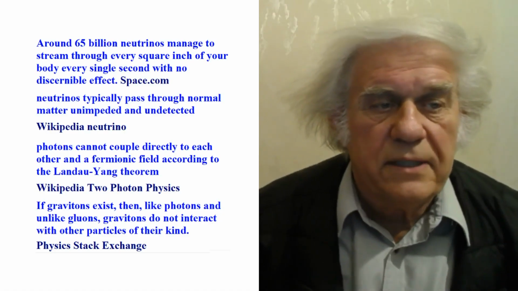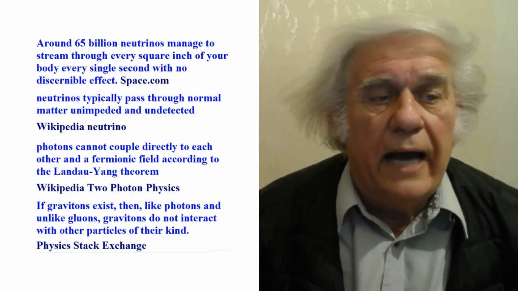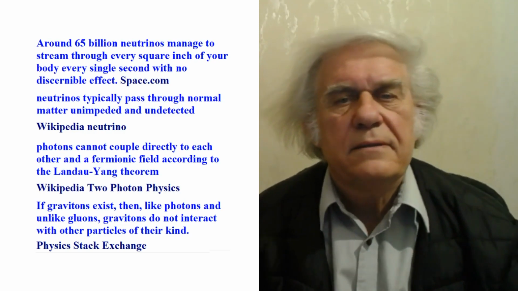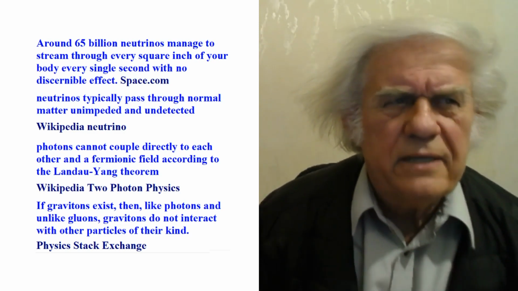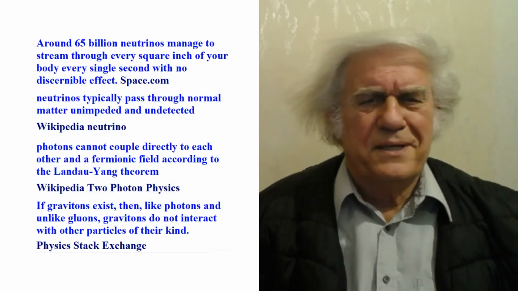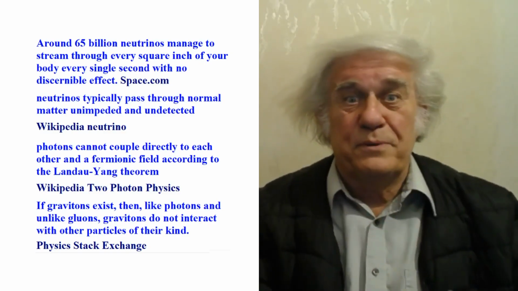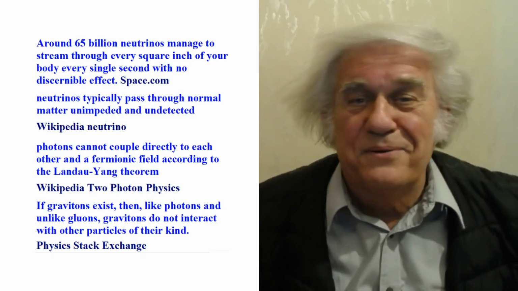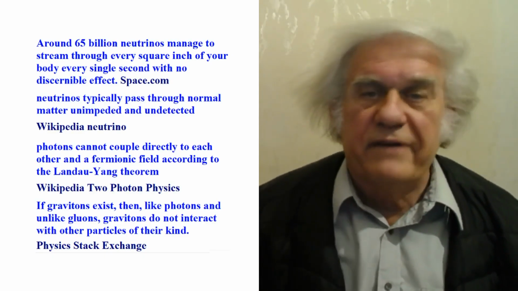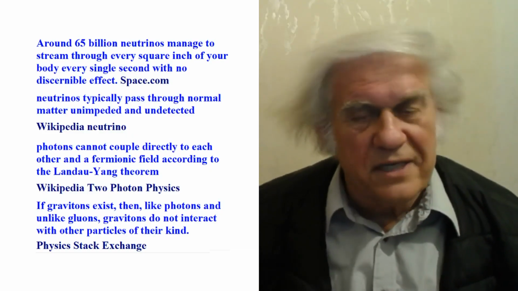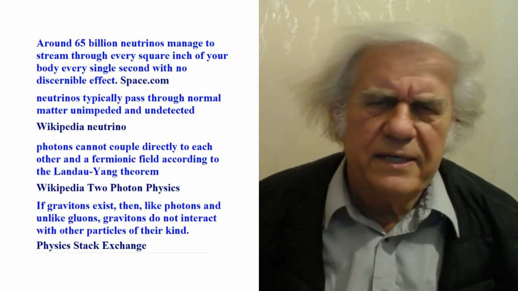Wikipedia: neutrinos typically pass through normal matter unimpeded, undetected. And nobody questions this? I mean, when I say the rope goes right through the rope, you say, no, Bill, you're crazy. How can a rope go through a rope? But here, the neutrinos go through everything, untouched. They go right through things, and nobody questions that.